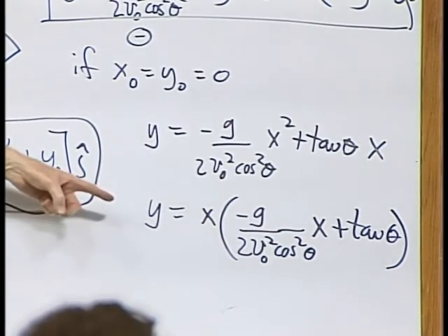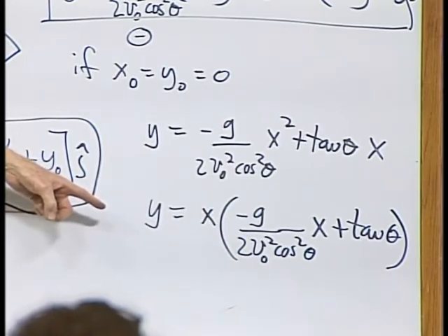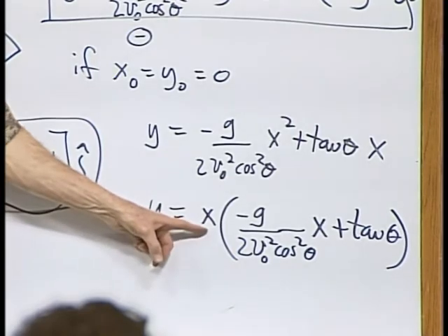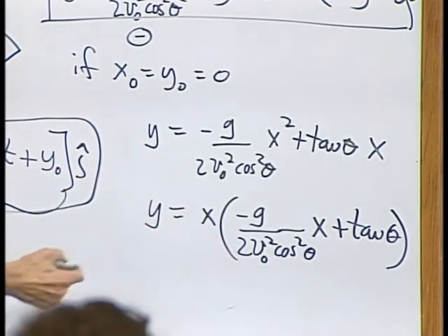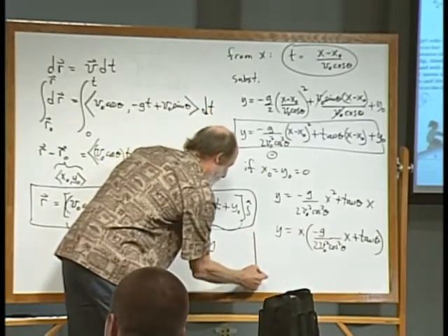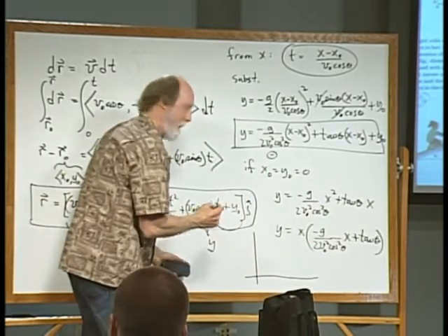And why is that form useful? Find out where it lands, and where it started. You can see the common factor here, x, and so that term being 0 means your flight path, actually this is showing up pretty well on the graphics there, so I can go ahead and squeeze it in down here. I don't know if you can see it or not.